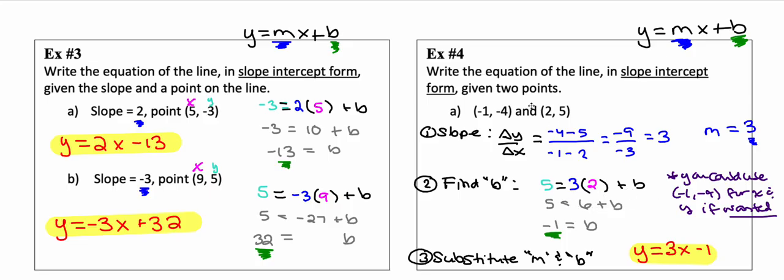So this is writing the equation in slope-intercept form, given different pieces of information. If you're given the slope and a point, you already have the slope, and you plug in the point to find your b value. If you're given 2 coordinates, you have to find the slope first, but then you find the b value the exact same way.